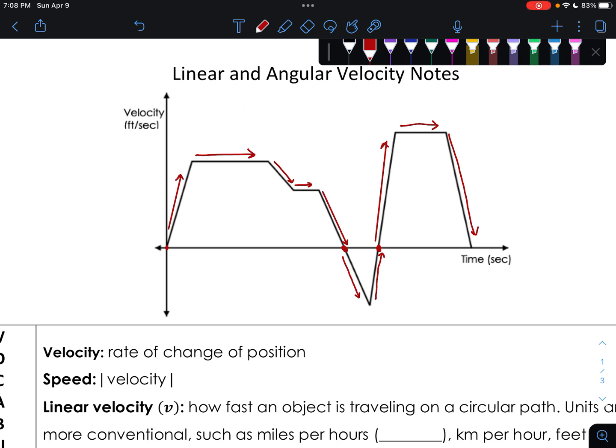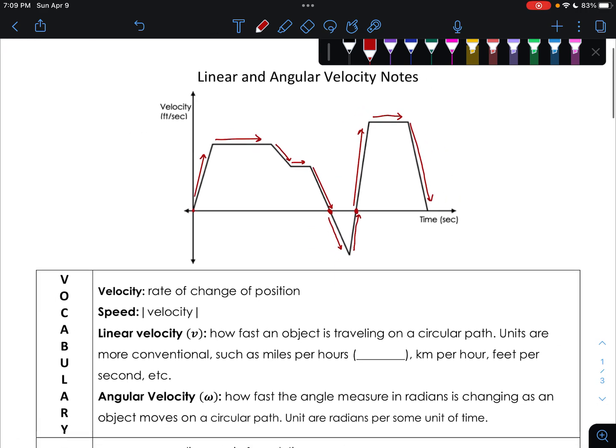So as long as it's increasing and positive, it's speeding up, or decreasing and negative, it's speeding up. But when it's opposite, so increasing and negative, or decreasing and positive, then that means our speed is slowing down. So that's what we have there.